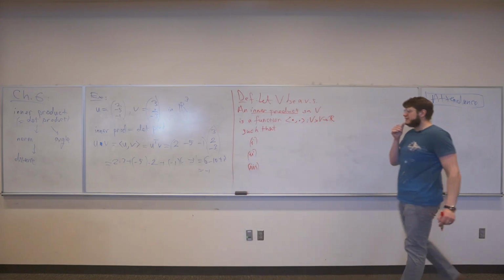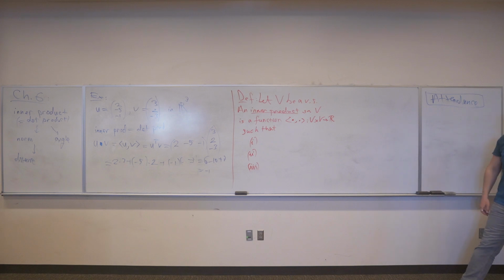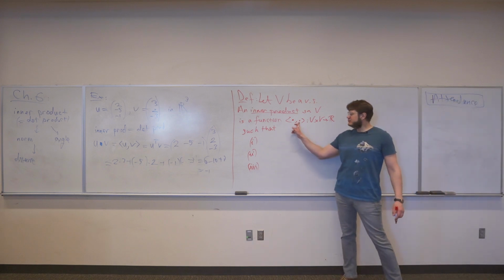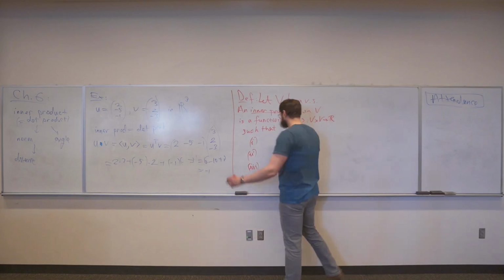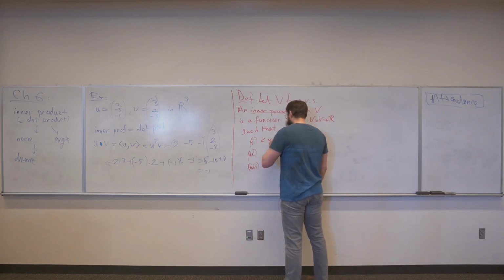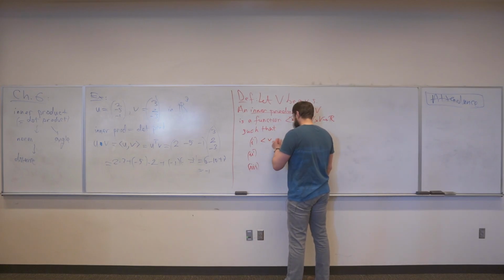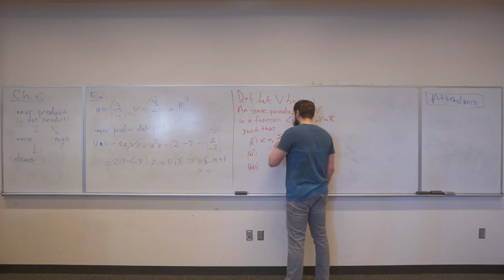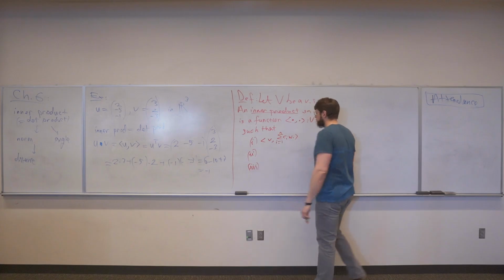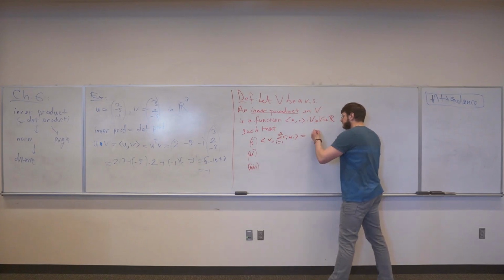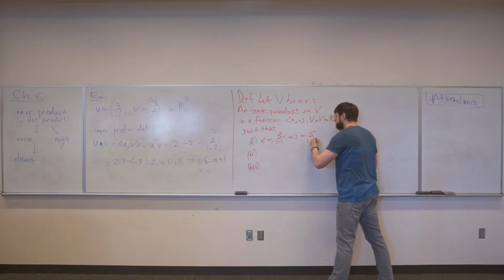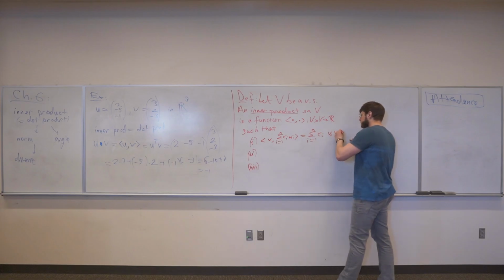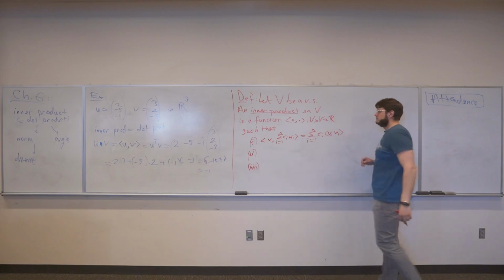First of all, if you were to fix the first entry to be one vector, then with respect to the other one, it's a linear transformation. So v against the sum of c_i w_i, this is the same thing as, well, you get to pull out the linear combination stuff. Okay.